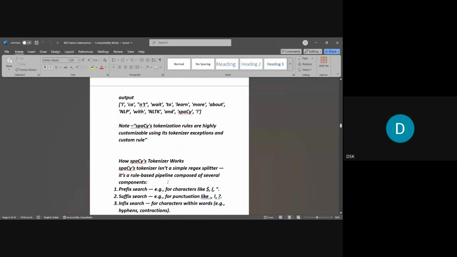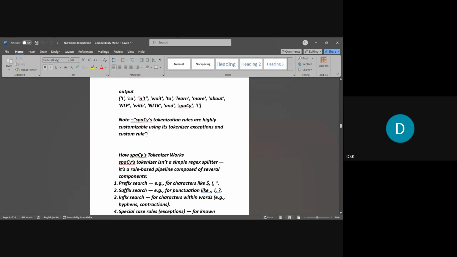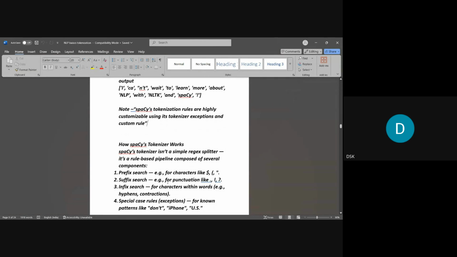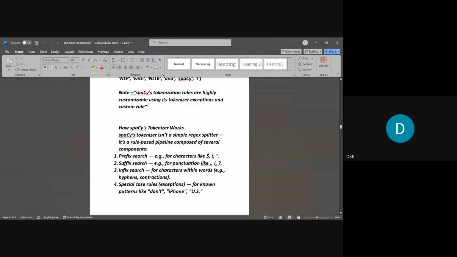So basically, how does spaCy's tokenizer work? It isn't a simple regex splitter, because it is a rule based pipeline composed of several components. The prefix search is, for example, for characters like dollar signs, commas, inverted commas. Then the suffix search is for punctuation, exclamation marks, question marks.